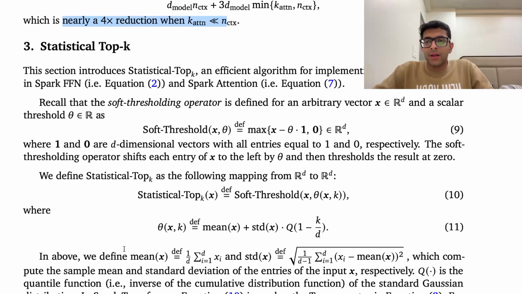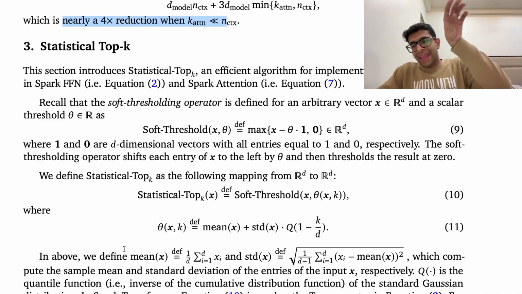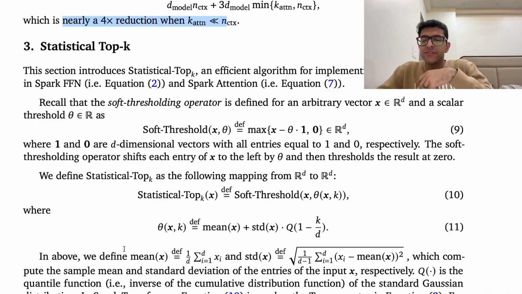But the major drawback comes from sorting and considering top K, so we need the top K neurons. So of course we need to sort them first. So that leads to a lot of compute. So that's what we're saving over here by using a soft threshold.